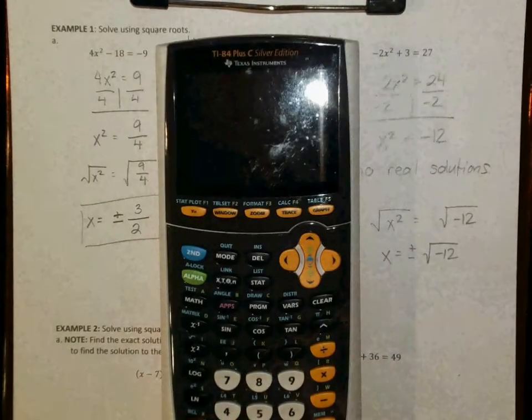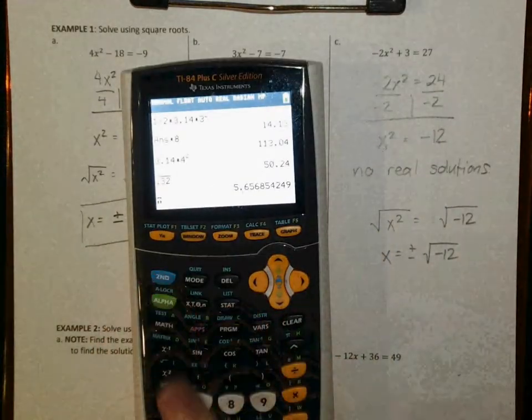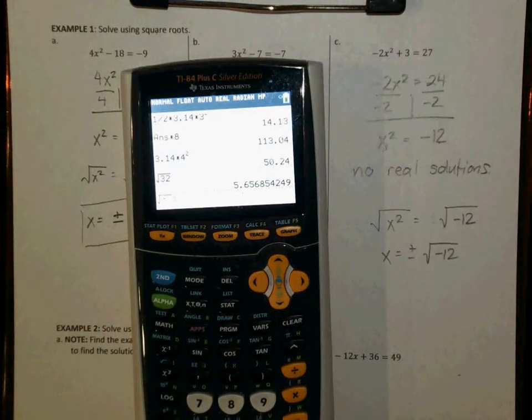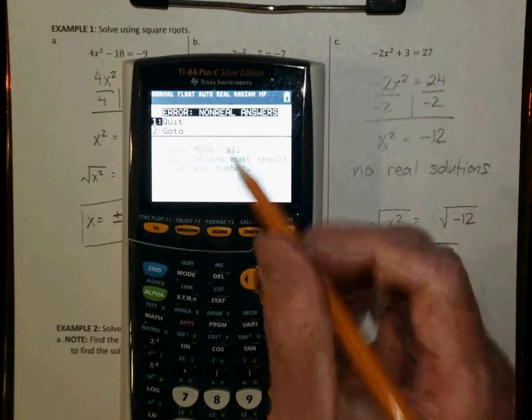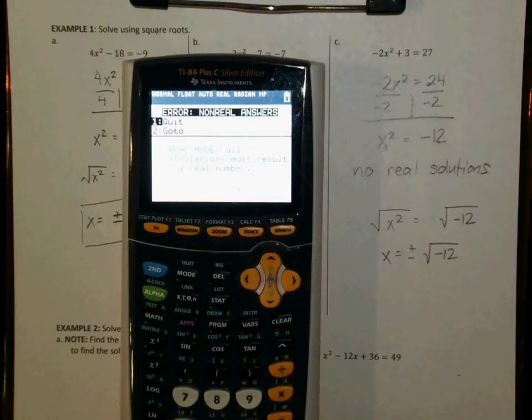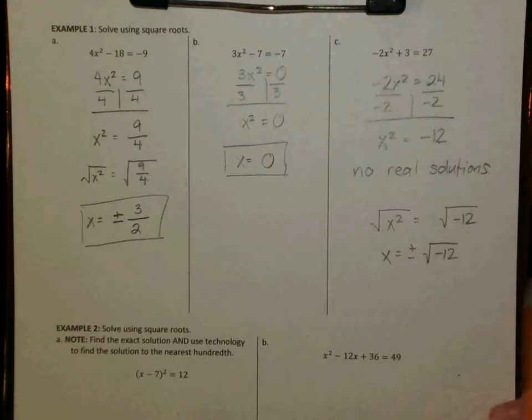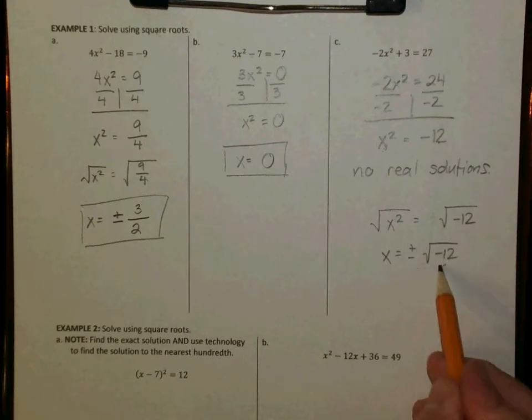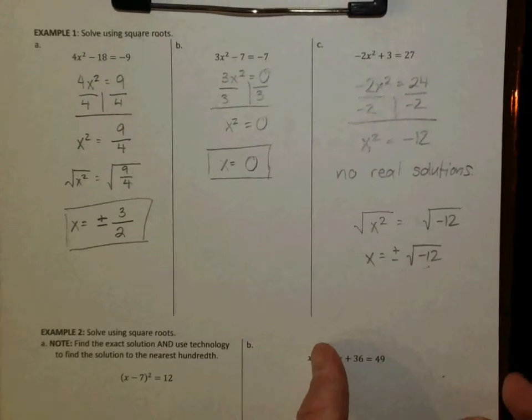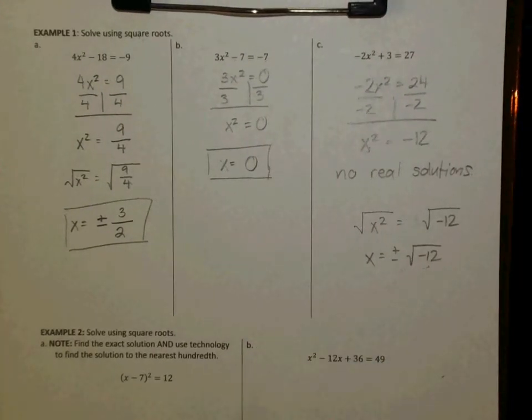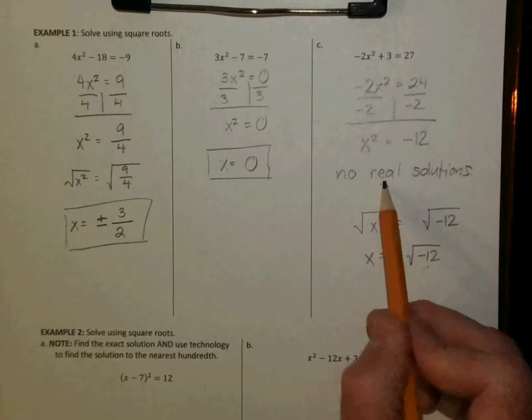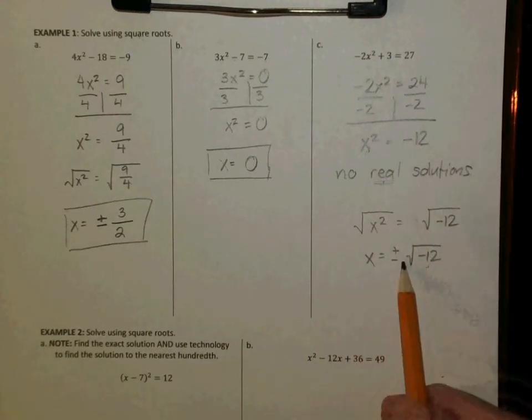And if you grab your calculator and try the square root of negative 12, you're going to get error, non-real answers. In Algebra 2, you're going to learn how to simplify this in the imaginary and complex numbers. But in Algebra 1, we focus on the real numbers.